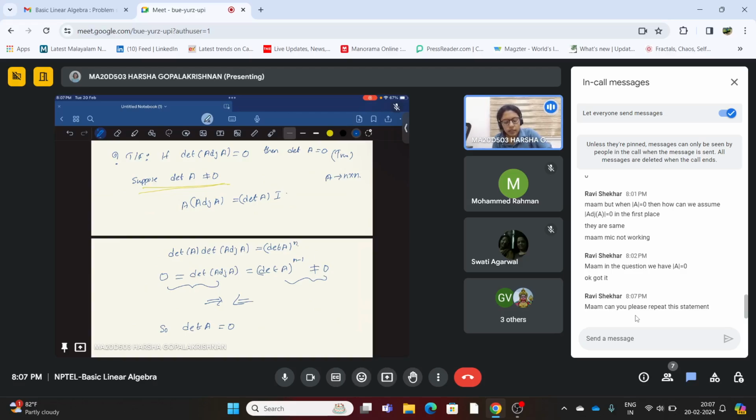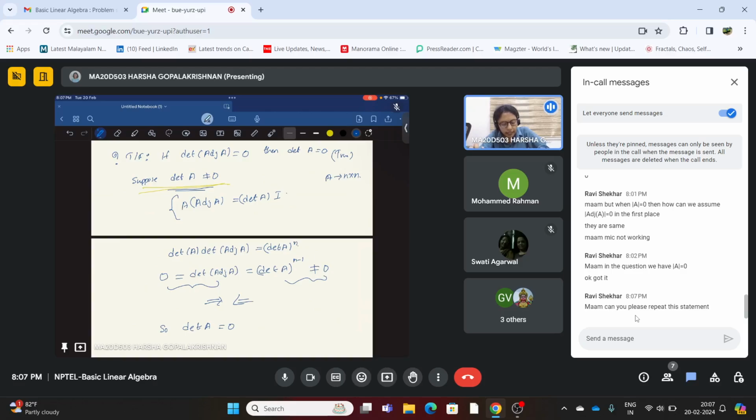Okay, repeat the statement. The question is, if determinant of adjoint of A is 0, then determinant of A is 0. I am trying to prove this. For that, I am assuming determinant of A is non-zero. Now I am using the identity A into adjoint of A equal to determinant of A into identity.